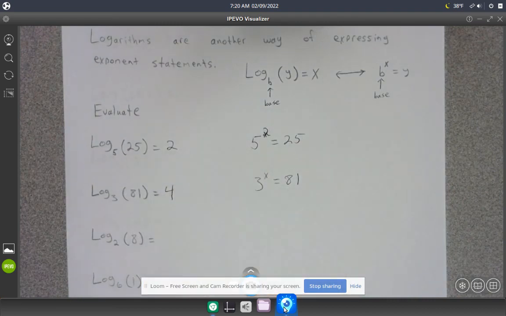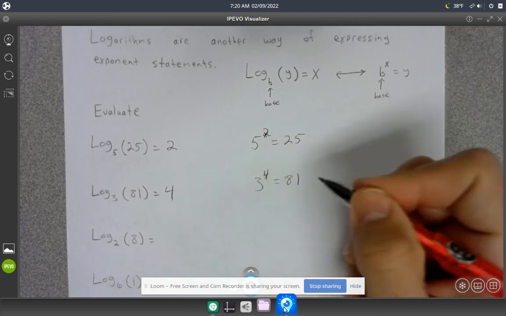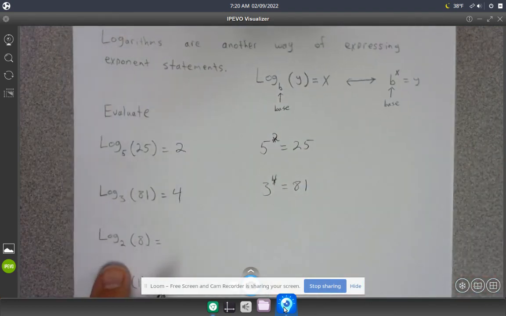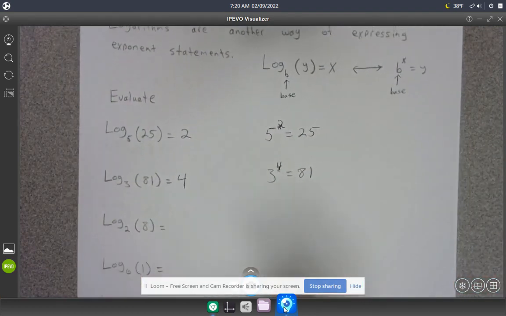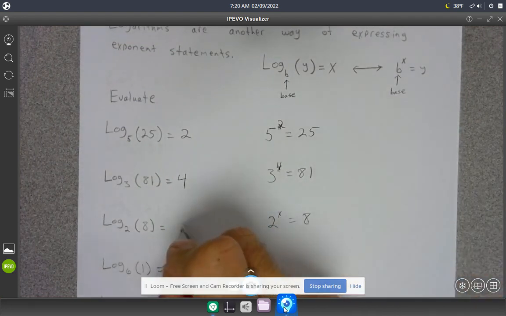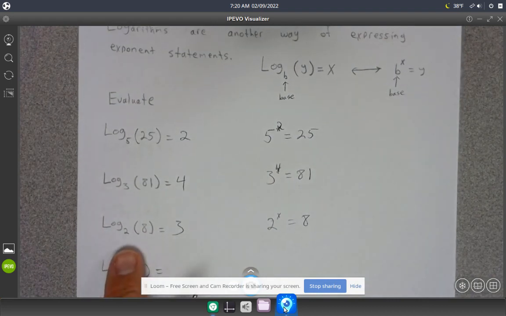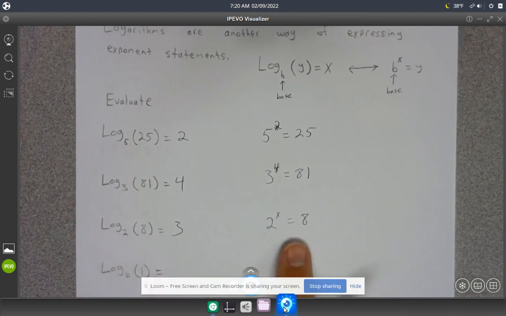So you need four 3s to make that happen. 3 to the fourth is equal to 81. How about log base 2 of 8? 2 to what power will give you 8? That's a 3.